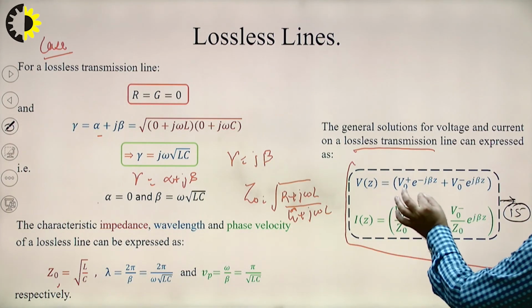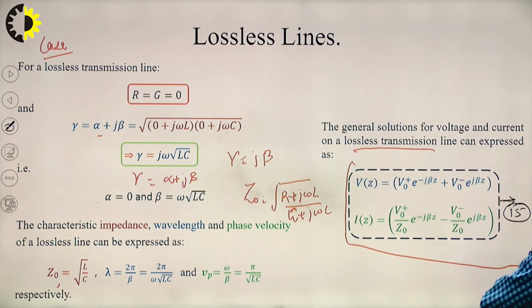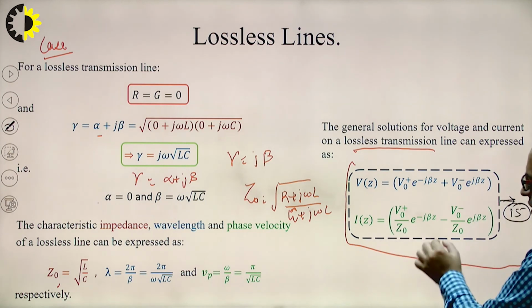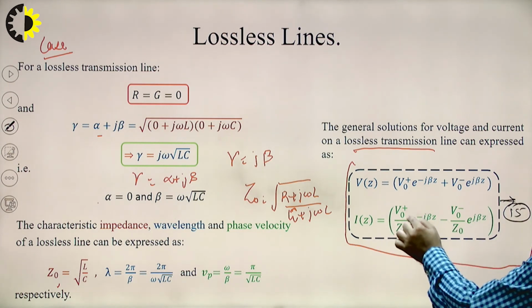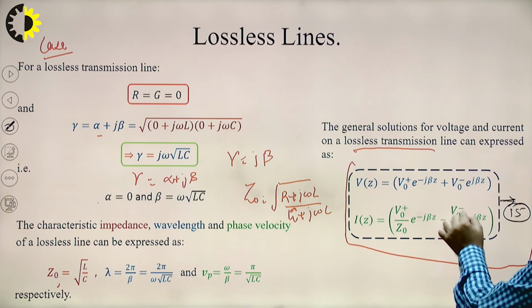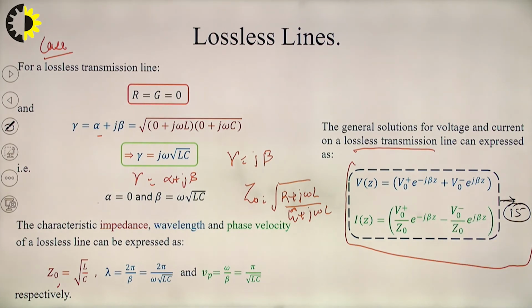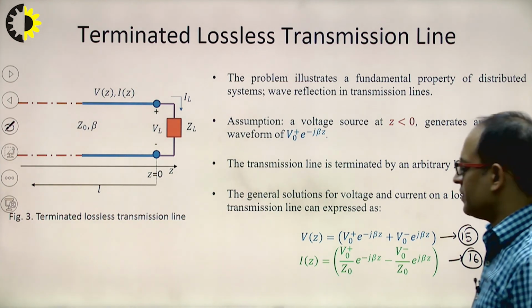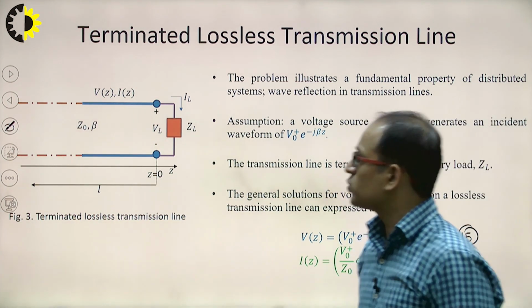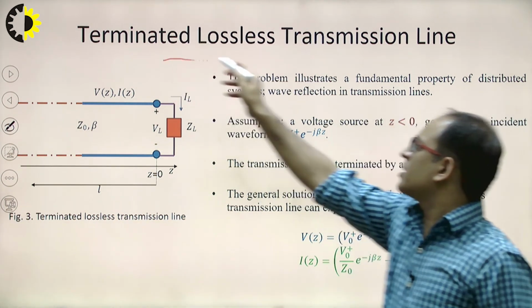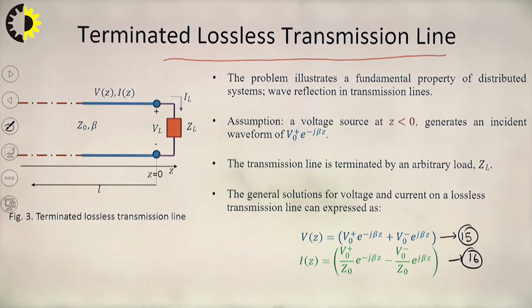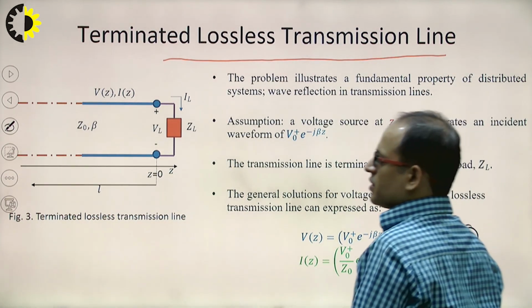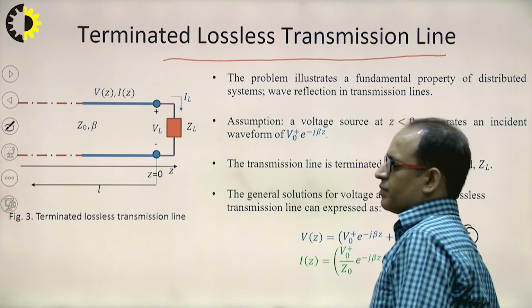So V of z equals V plus e to the minus j beta z plus V minus e to the j beta z. I of z similarly equals V plus divided by Z0 e to the minus j beta z minus V minus upon Z0 e to the j beta z. Clear?